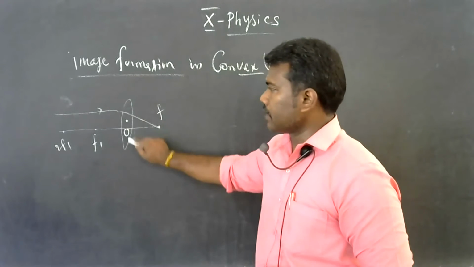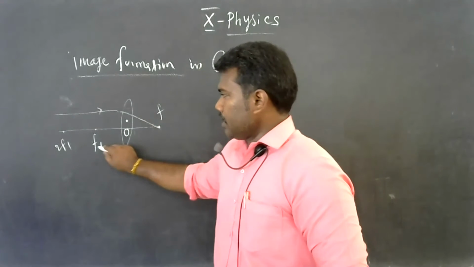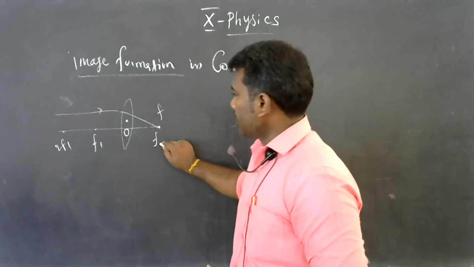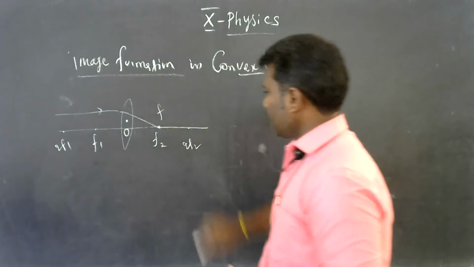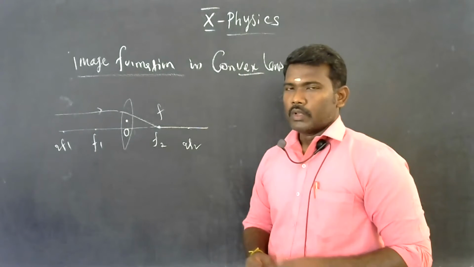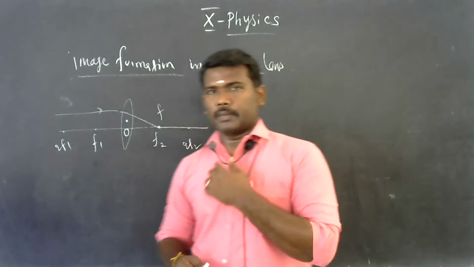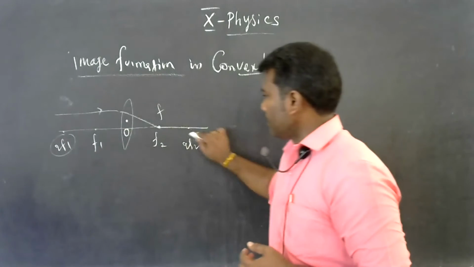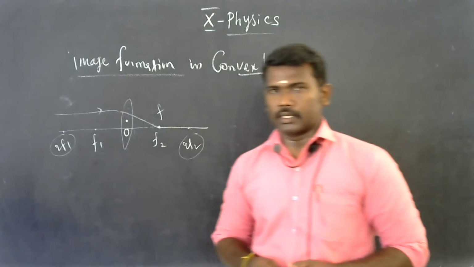This is a convex lens, so we have two spherical surfaces. This is with respect to the first surface, and here we mention F2 and 2F2, with respect to the other surface. So F1 is the principal focus of the first surface, F2 is the principal focus of the second surface, and 2F1 and 2F2 are the centers of curvature of the corresponding surfaces.